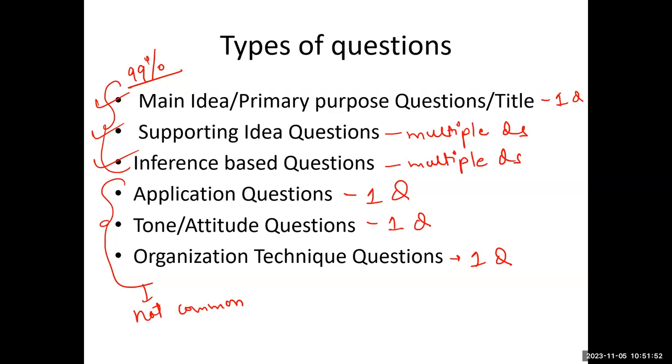In fact, tone and attitude questions till date, even though in all the practice material they provide you with them, we generally don't see these kind of questions. But yes, we should be prepared, isn't it? So we'll keep our main focus on the first 3 question types, but we'll also discuss the last 3 as well. Okay, remember this.